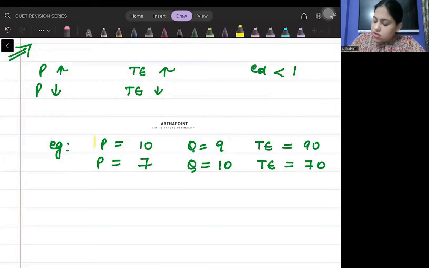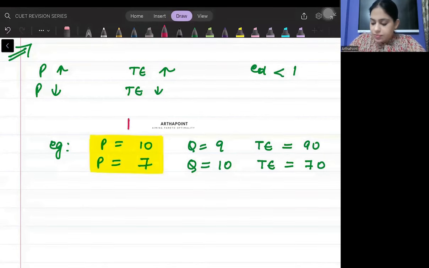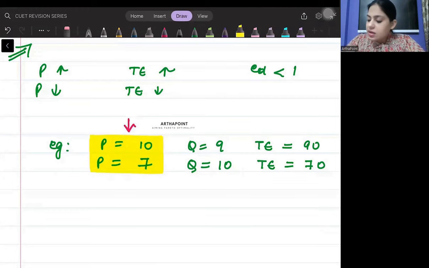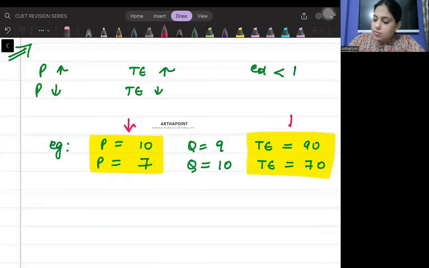So if you notice, the price has decreased and the total expenditure has also decreased. If this is the case, right, then we can go ahead and say that the elasticity will be less than 1.